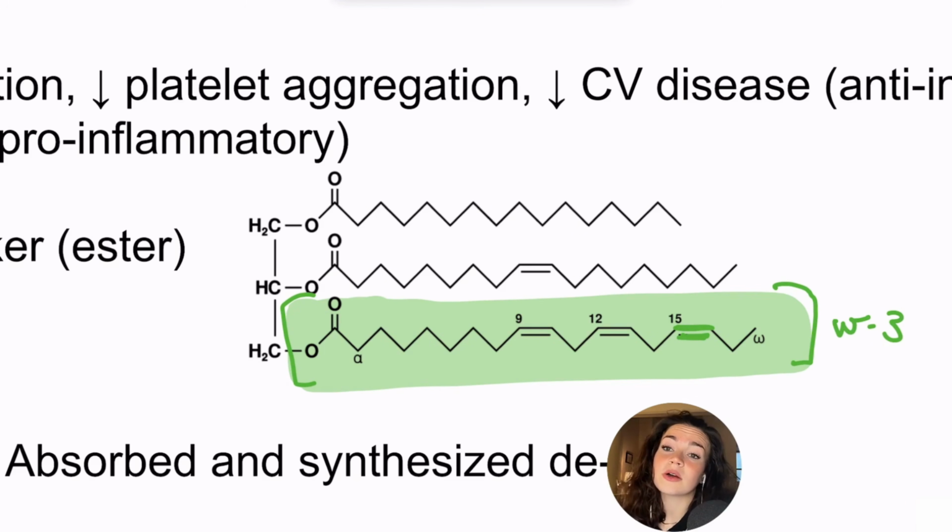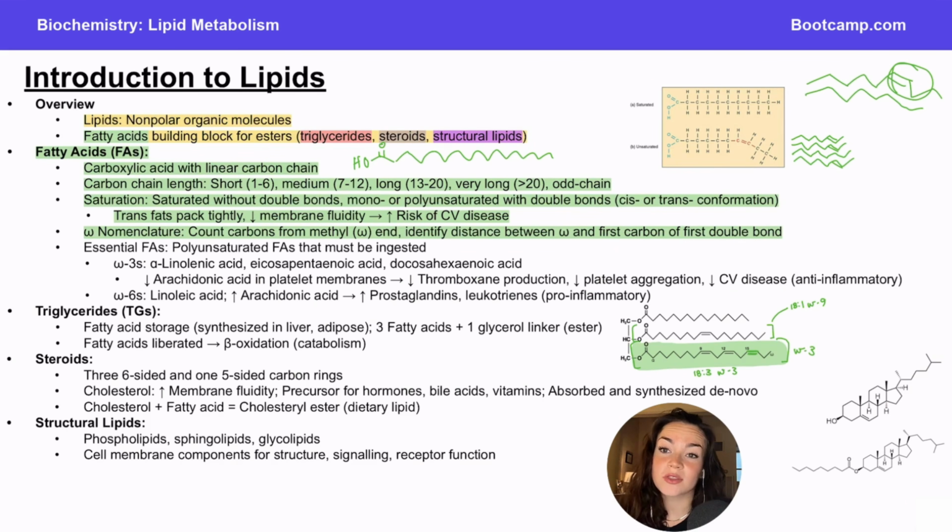Now you're likely to encounter further specificity with the omega nomenclature. For example, this fatty acid here on the bottom, because it has 18 carbons and 3 double bonds, would be called an 18-3 omega-3 fatty acid. Now we'll talk about this when we talk about fatty acid synthesis, but a lot of these polyunsaturated fatty acids cannot be synthesized within the body. They have to be consumed.